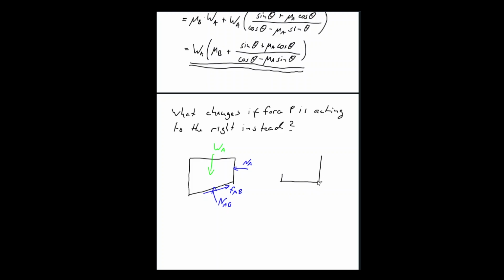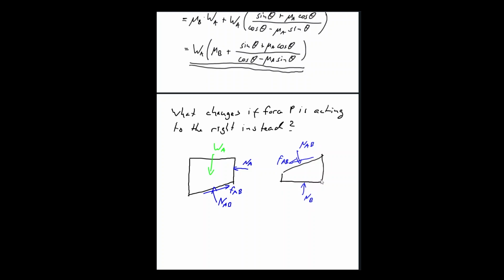And then if I look at my wedge, draw that next door. Like that. Then I have my NAB, and I have the friction force going downward, FAB. I will have my normal force down here, which is NB.